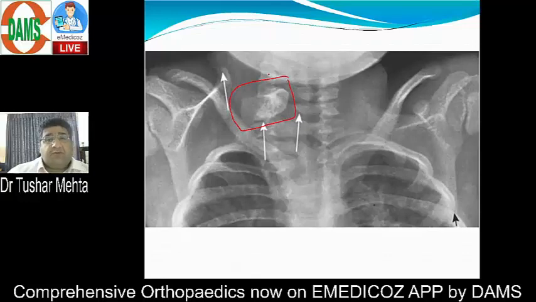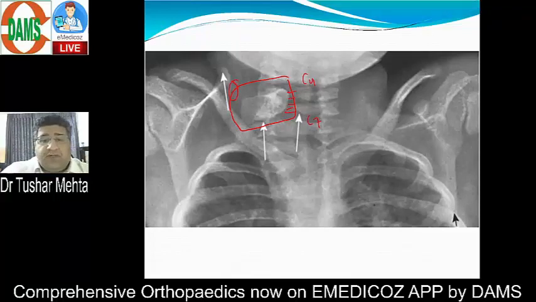It is a trapezoid or rhomboid shaped accessory structure, might be cartilaginous or might be bony, usually bony, which extends from the superior border of the scapula to C4 to C7. The transverse process, spinous process or laminae, wherever it can go, it goes and gets attached over there. I hope that makes some sense to you.